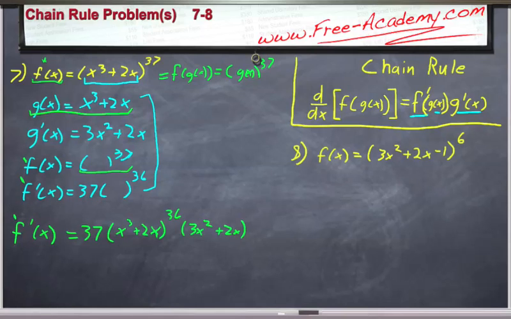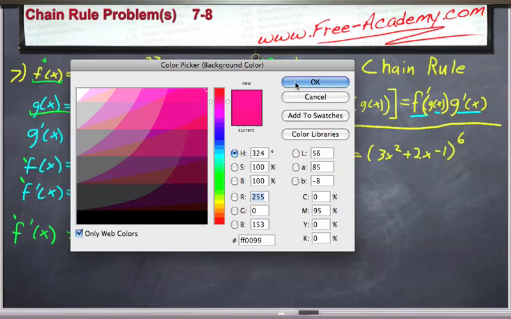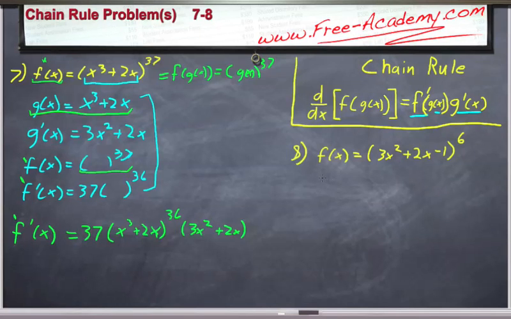So in order to make things a little bit clearer in problem 8 here, I'm going to rename f of x as just a of x, equal to 3x squared plus 2x minus 1 raised to the 6th power.